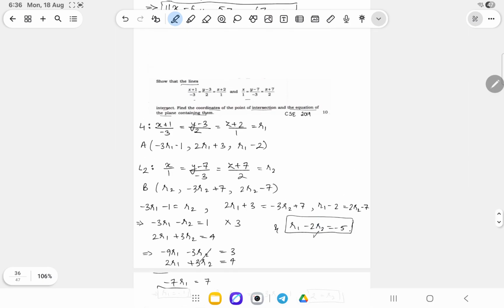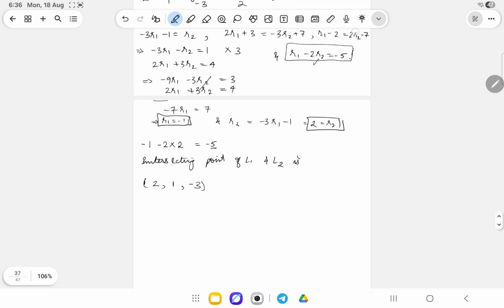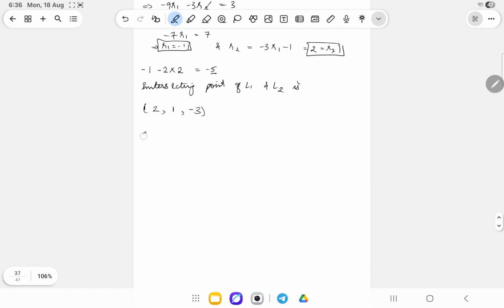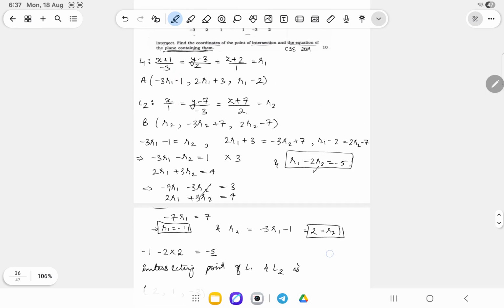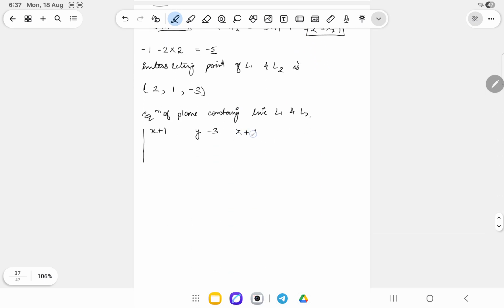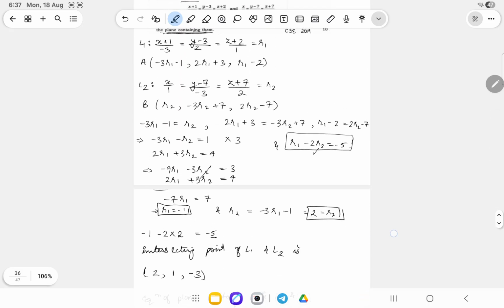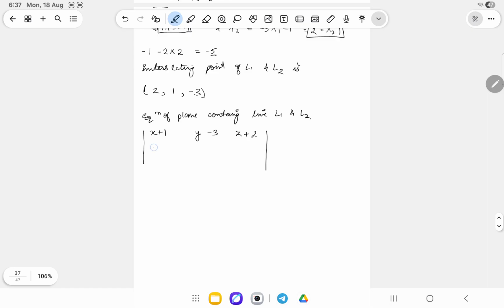Further, they have asked us to find the equation of the plane containing them. So using the formula which we discussed in the previous question, the equation of the plane containing lines L1 and L2 will be x plus 1, y minus 3, z plus 2, and direction cosines minus 3 2 1, minus 3 2 1, and 1 minus 3 2 equals 0.